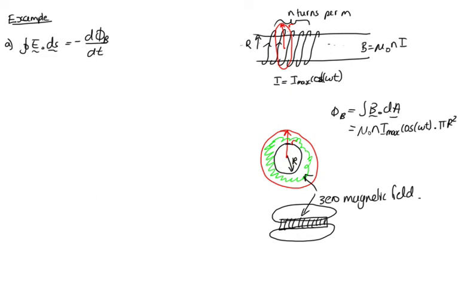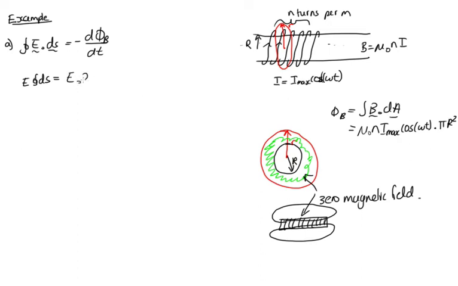Now around this loop, it's reasonable to assume that the electric field is constant because it's completely symmetric, so it wouldn't make sense for E to have a different magnitude on the different sides of the loop. So we've got E times ds, and this is the integral around that loop. So it's just equal to the circumference of this circle here.